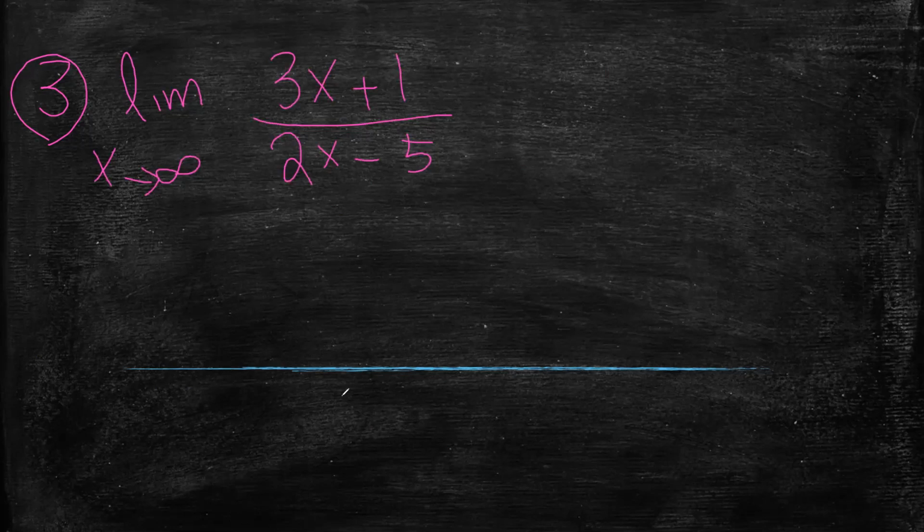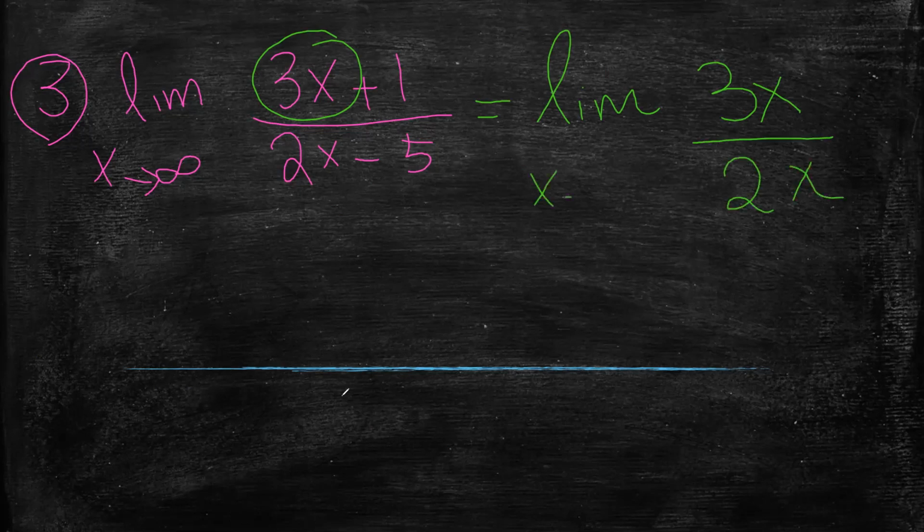In the rational function, what do you have to do? The first step, go to the numerator. What is the highest degree in the numerator? It is 3x. So I put 3x over. What is the highest degree in the denominator? It's 2x, when x approaches infinity.